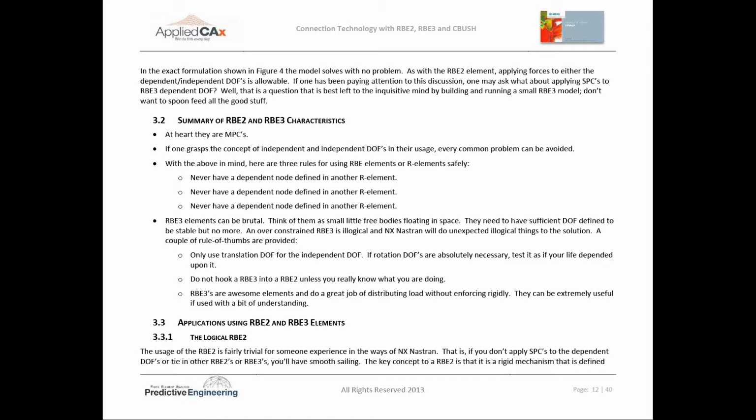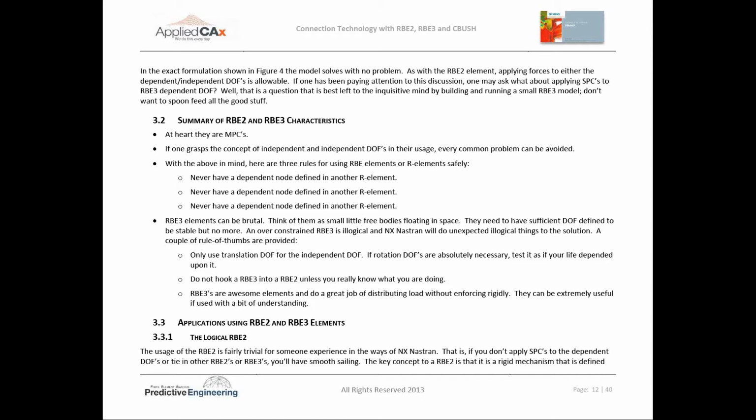You could take an independent node of one RBE2 and you could chain it to a dependent. You could chain it to another dependent node. You can make these weird setups, and they work. I've seen examples of it. Rule of thumb: don't daisy chain. Don't connect dependents up to independents, or independents to other independents. You can do it, but it just gives me the weebie-jeebies when tracking stuff and determining stuff.